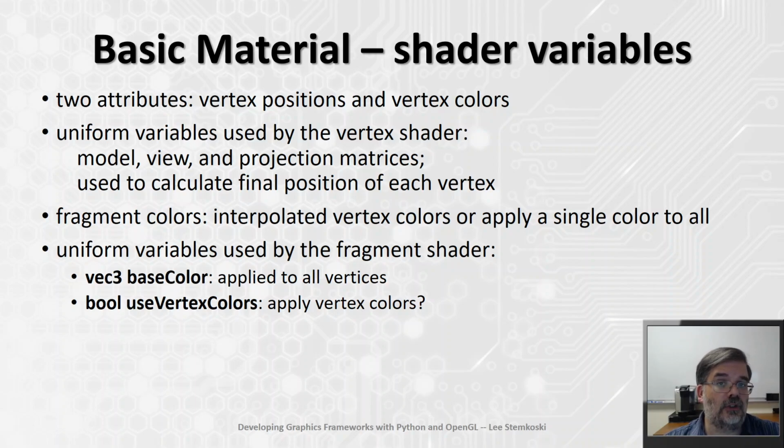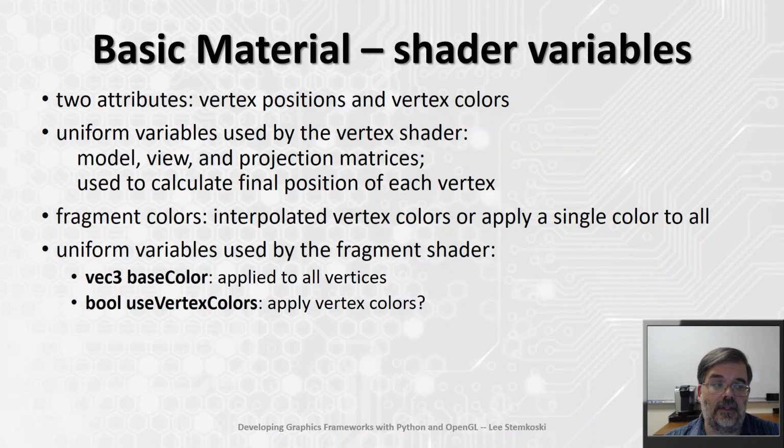Now, you may or may not choose to use the vertex color when you're rendering different objects, but we'll set up the shader so it'll pass that data through to the fragment shader. So the uniform variables we'll need in the vertex shader are the model, view, and projection matrices. You might recall we need those to calculate the final position of each vertex.